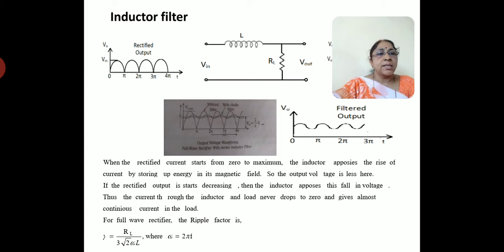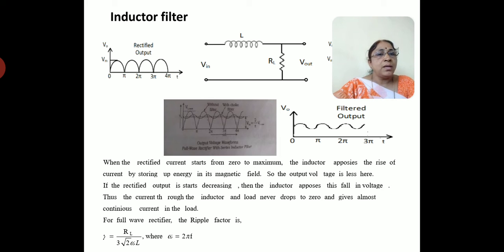So this indicates that a small amount of pulses is removed using L. But compared to the capacitor filter, it still has pulses in the form of a wavy shape. So therefore, a single inductor is never used.